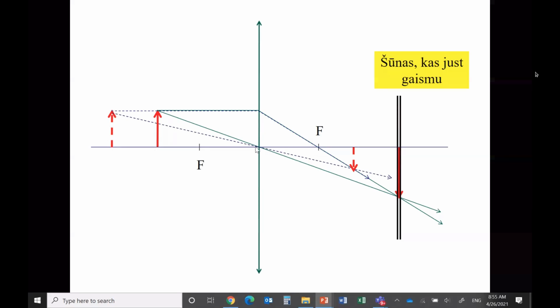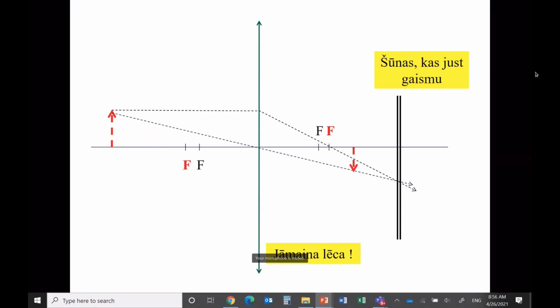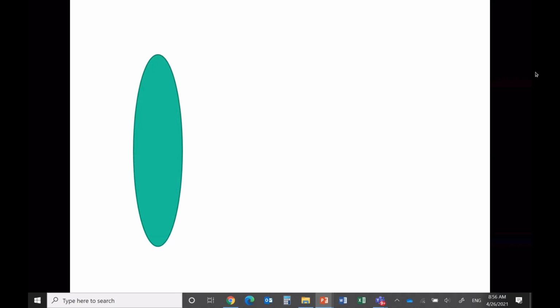Now have a look. How does this mechanism work? So again, if you change this focus, everything is fine. The image is here. So this is the design of the lens.